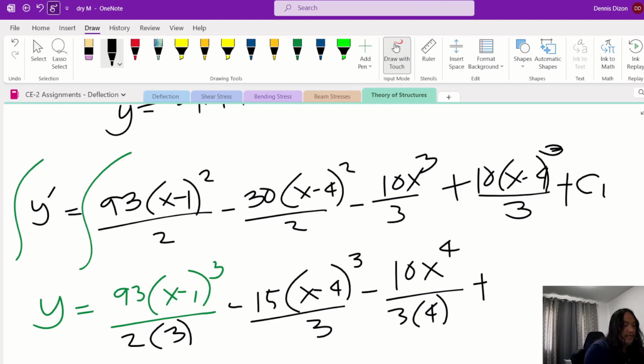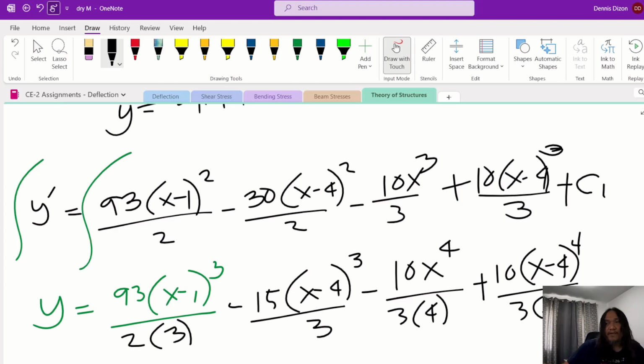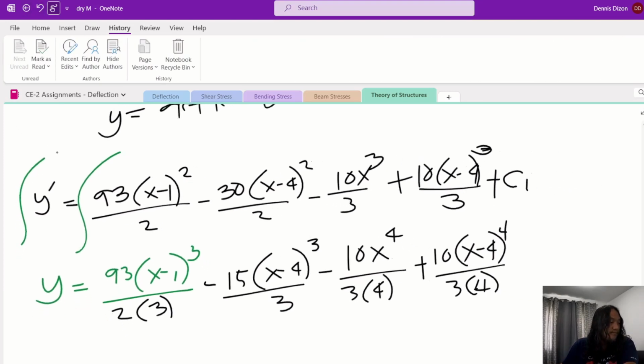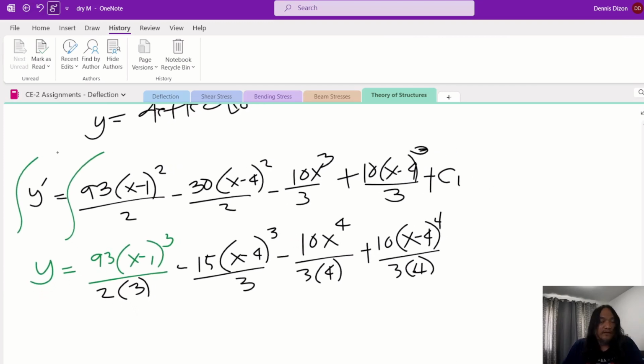And on this one here is 10 times x minus 4 cubed, which will now become 4, and then 3 times 4. And then plus the integral of the constant is C1 x, and then your second constant, C2.